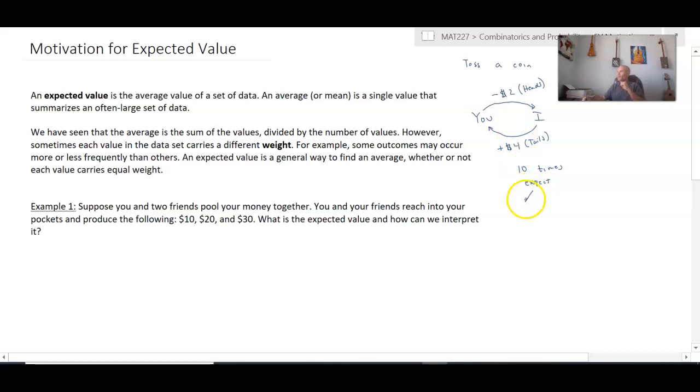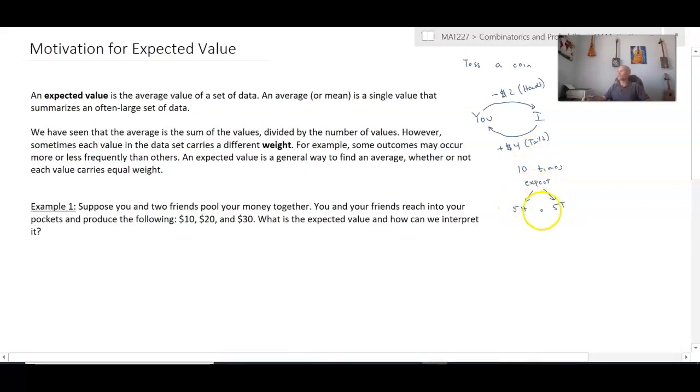Roughly speaking, we would expect that there would be 5 heads and 5 tails, although we know that that could be 4 and 6 or 6 and 4, maybe even 3 and 7, 7 and 3, well, potentially even 10 and 0. But oftentimes, if we toss a coin 10 times, we're going to get roughly 5 heads and 5 tails.